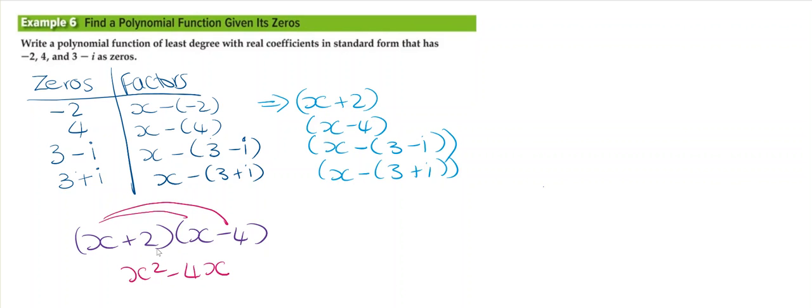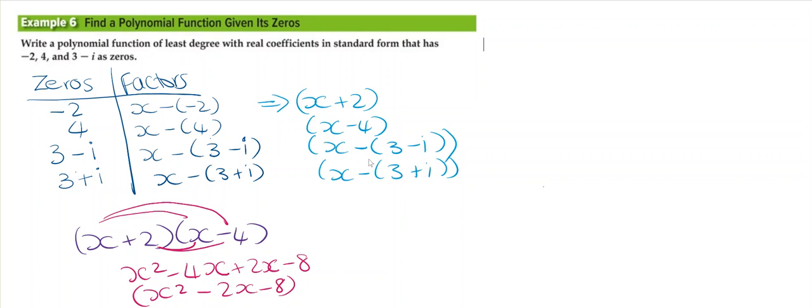And then we have the inner term, so 2 times x is 2x, and 2 multiplied by -4 is -8. The middle terms simplify, so we'll have x squared minus 2x minus 8. So we just put that in brackets.